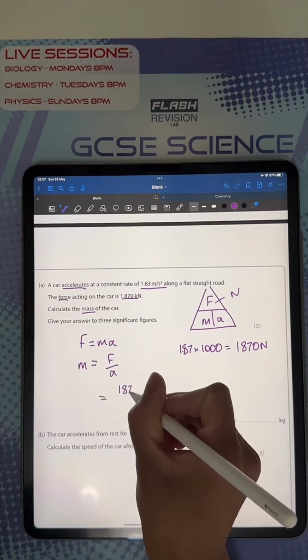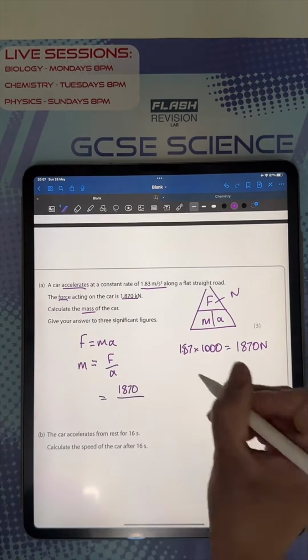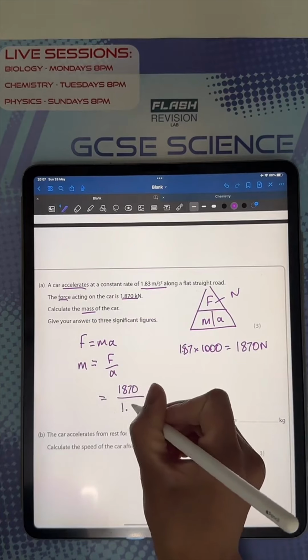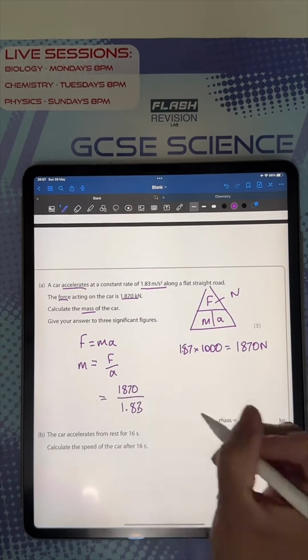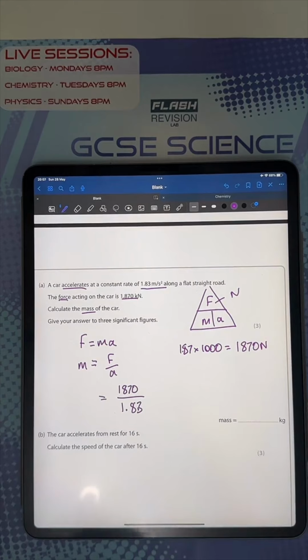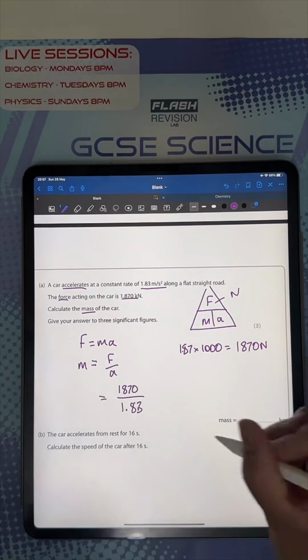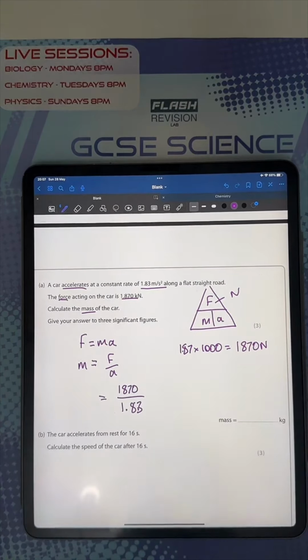Now we can put everything into the equation. So 1,870 newtons divided by 1.3 meters per second squared. What is the answer when you put that into the calculator then? Anyone got it?